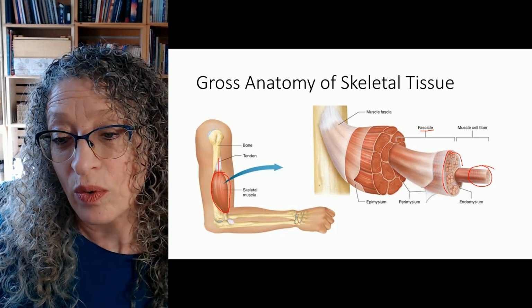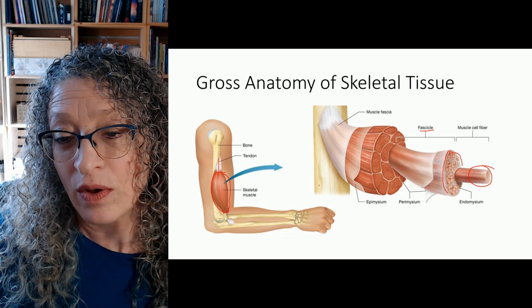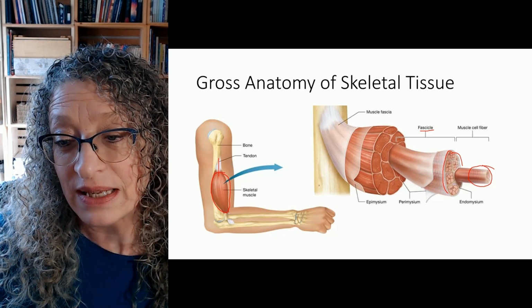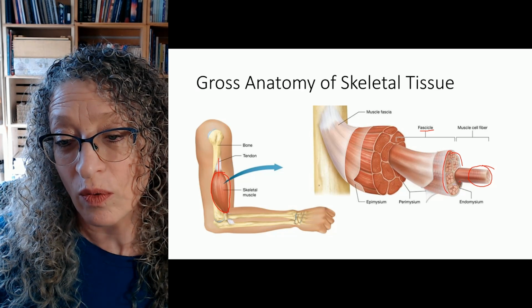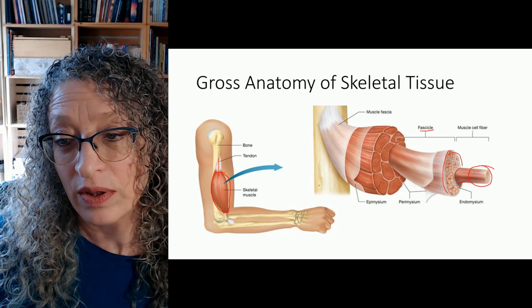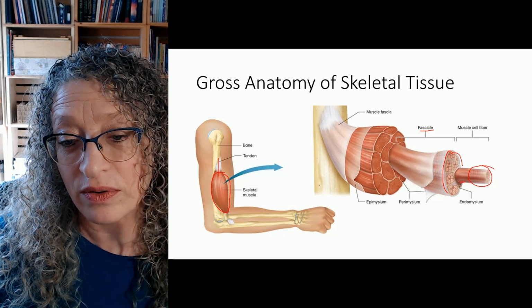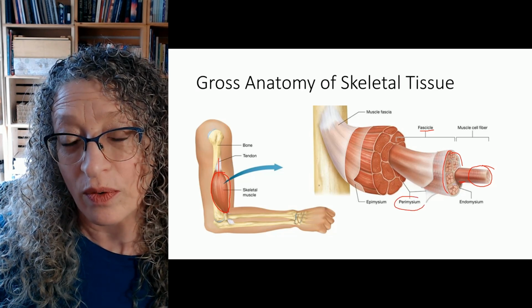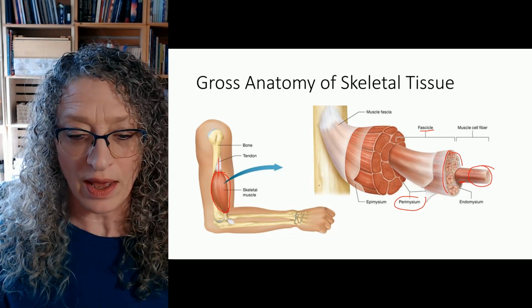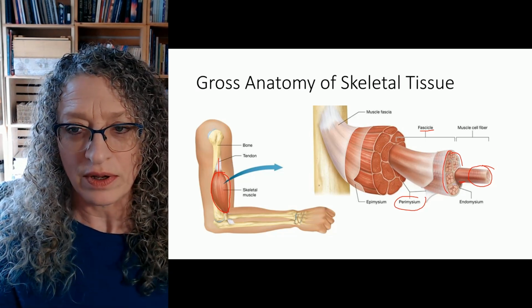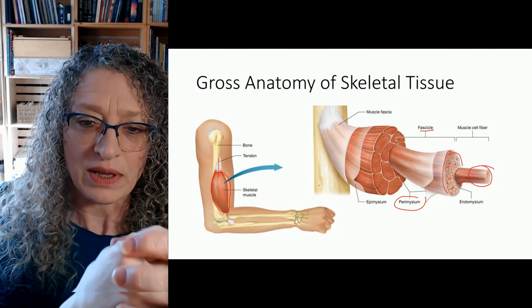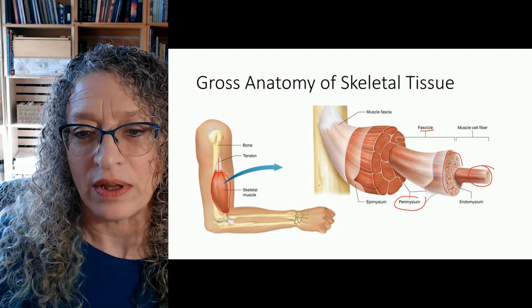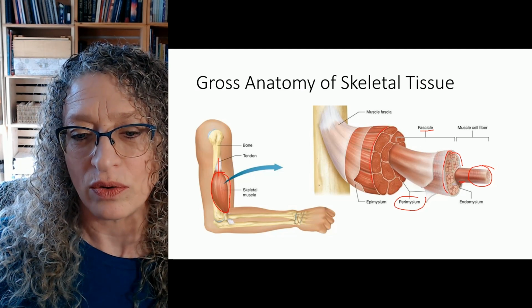And so you have this endomysium, which wraps around these individual muscle fiber cells, and the perimysium, which wraps around a fascicle. And then you take all of those bundles, all those fascicles, and bundle them together into the entire muscle.